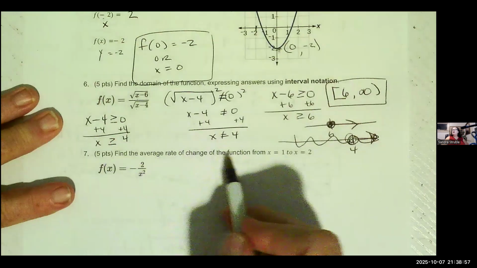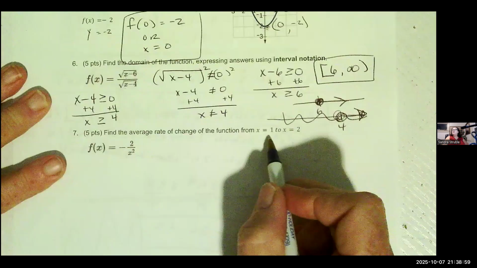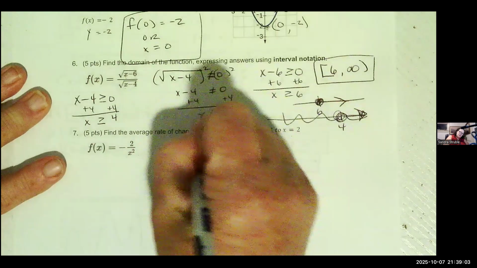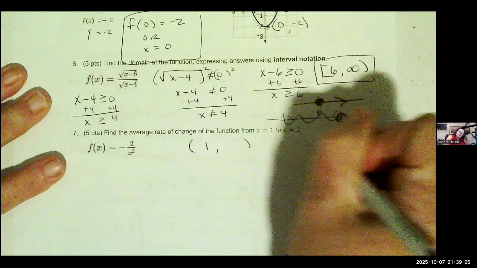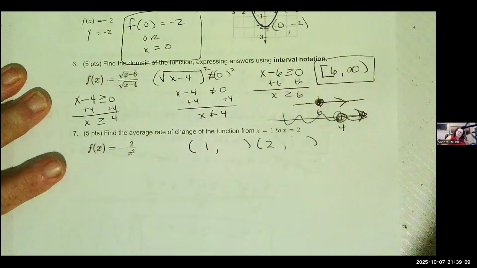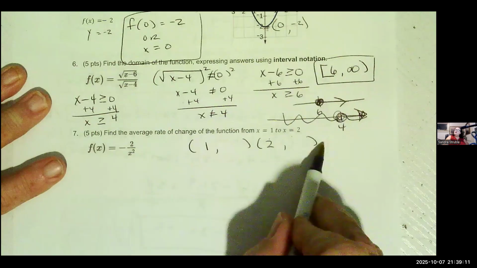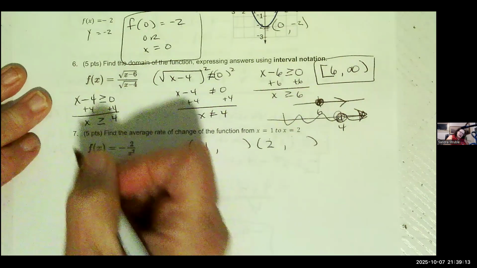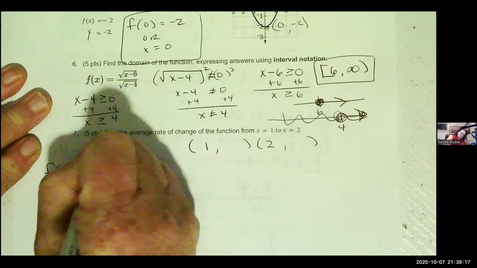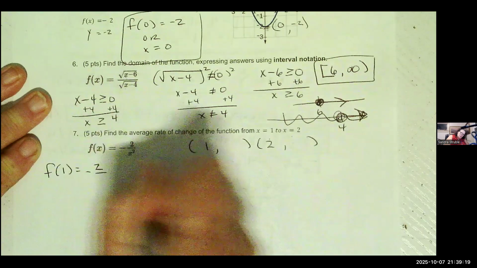Find the average rate of change of the function. Now this is on the interval between where x is 1 and x is 2. So what we're doing is creating 2 ordered pairs, where x is 1 in one of them and x is 2 in the other. To find out what the y values are, we're going to have to substitute 1 for x. So f of 1 is -2 over 1 squared, which is -2.